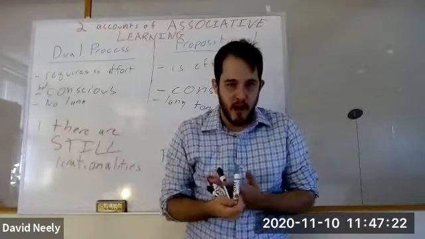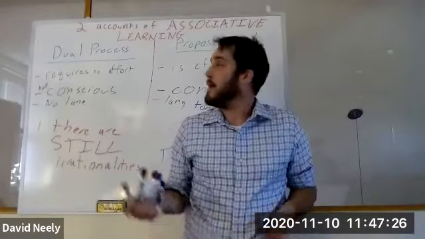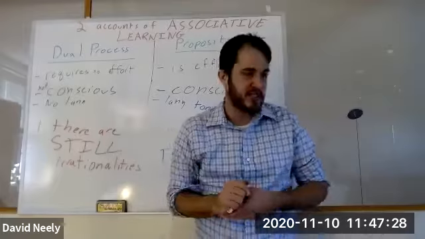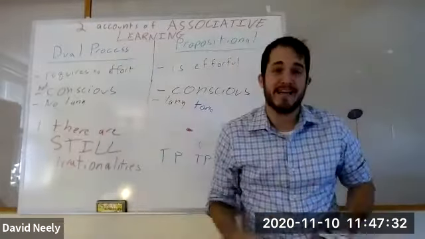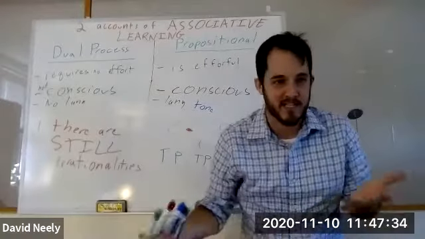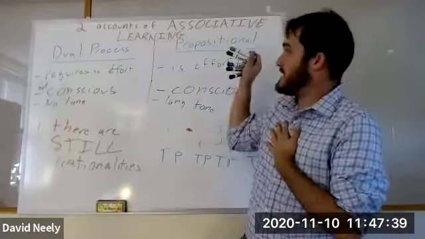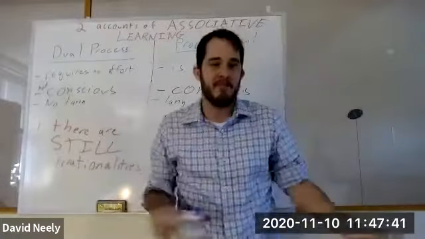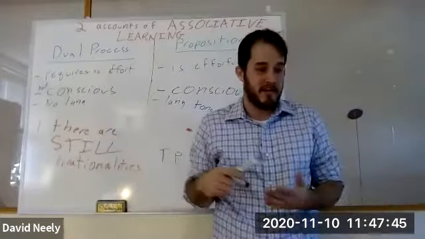But it's worth talking about for the reasons that I brought up last class about how there are practical implications. Dual process theory and propositional theory have different views on how you change someone's racist behavior. If you want somebody to stop doing certain behaviors, do you explain it to them, or do you just put them in a lab and force them through presentation to have formed different connections?